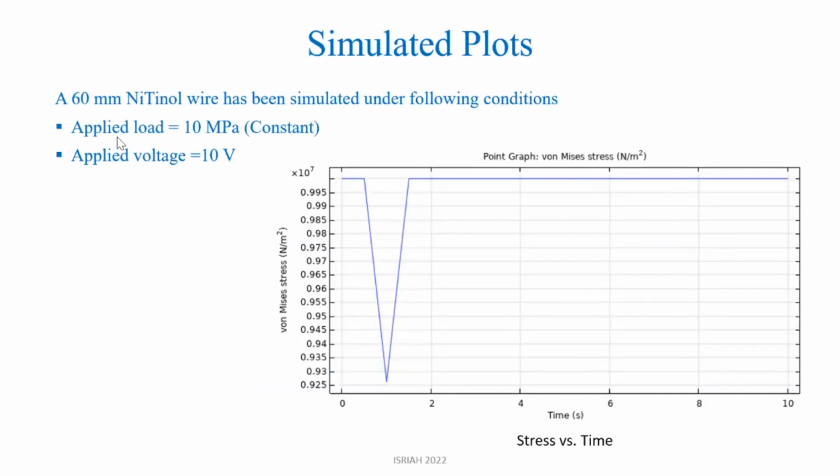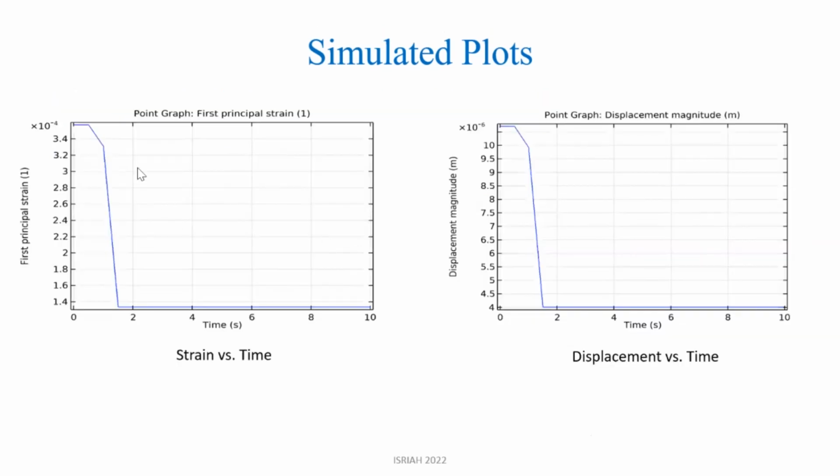Here we have used a nitinol wire which is subjected to 10 megapascal constant stress and a 10 volt applied voltage, and we have got this kind of plot: the stress versus time, the strain versus time. Displacement and strain are almost the same.